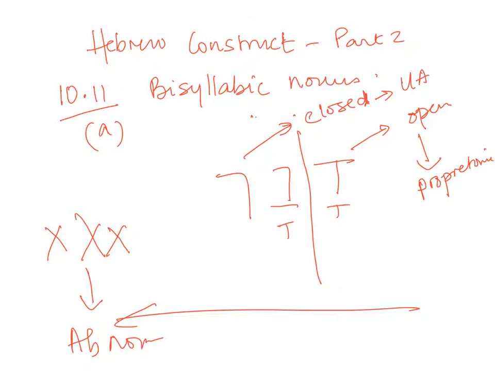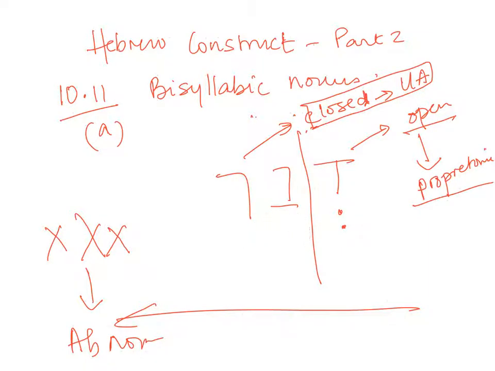So what happens here is, in an open propretonic, we are going to have a volatilization. Okay, that is the rules of Hebrew. And in the second case, because it is a closed unaccented syllable, remember, it's a closed unaccented syllable, therefore you can only have a short vowel.